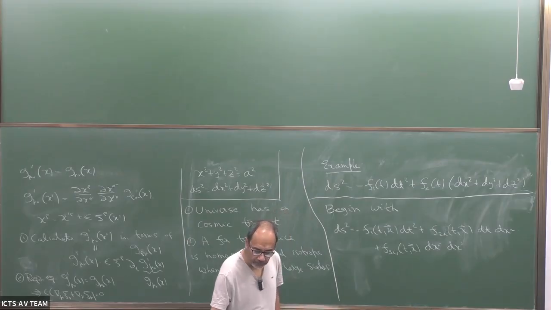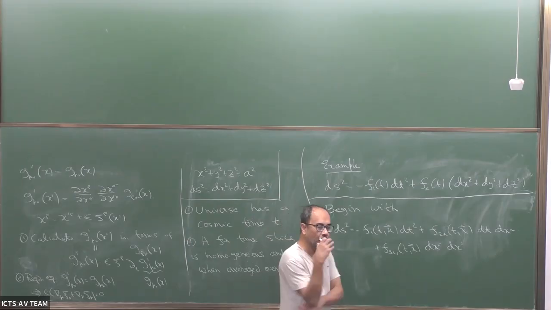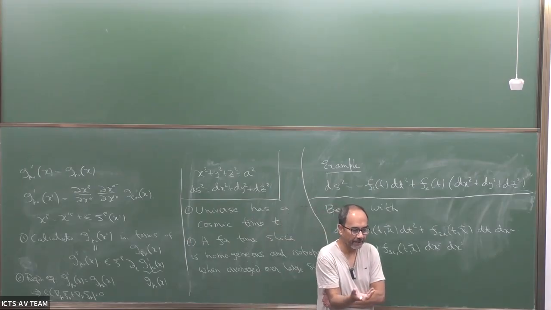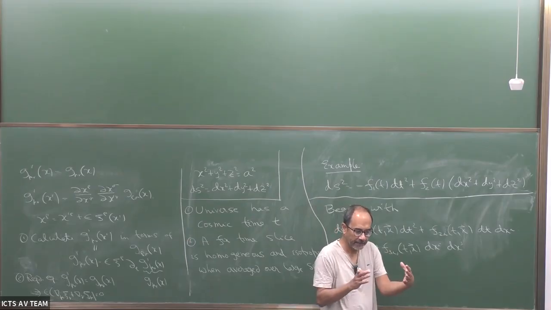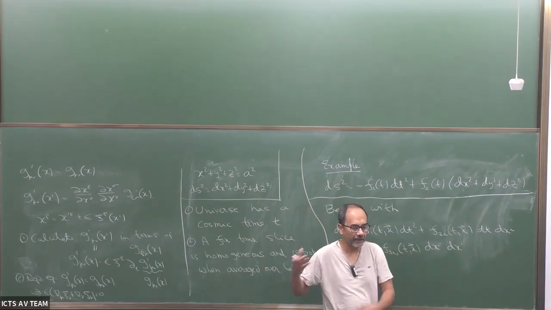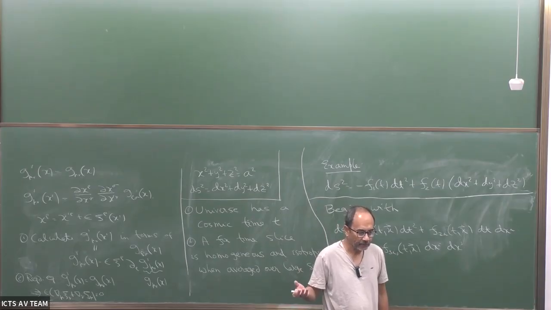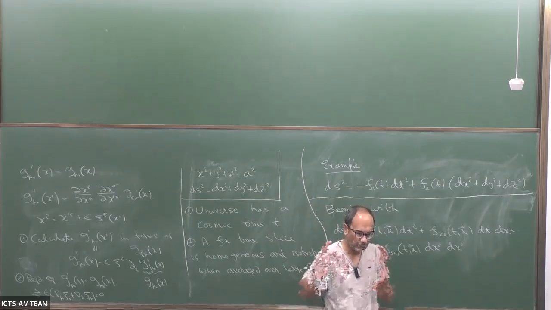See, when you do a coordinate transformation, the way the isometry acts on the coordinates will be different, but the number of isometries will remain the same, right? Because given any isometry, in the new coordinate, we can write a corresponding isometry. So the number of isometries is not going to change.